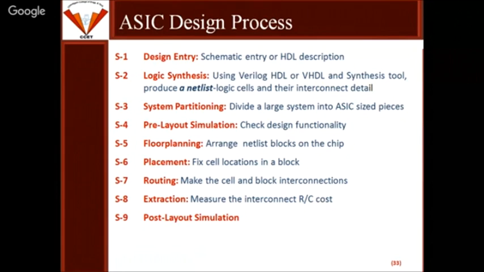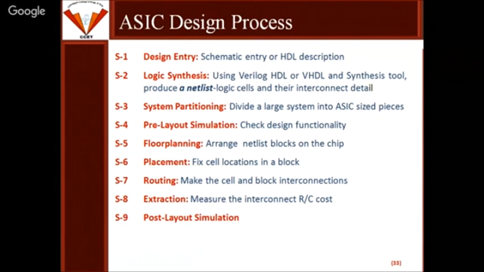Then there is system partitioning. It means dividing a large system into ASIC-sized pieces. Then there will be pre-layout simulation. If the device has some layout, you have to check whether that layout is working properly or not. If that pre-layout simulation fails, then we have to go back to system partitioning and do the process again.